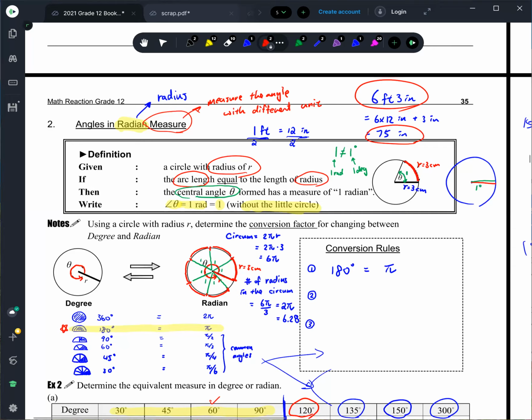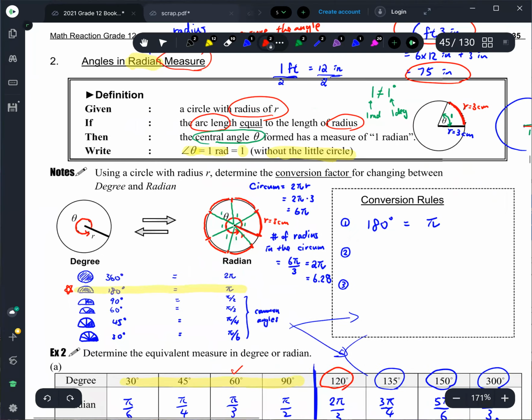About 6 point something, right? But we have an exact value for it, right? 360 degrees is the same as how many radian exactly? It's on the screen. 2 what? Pi. Yes, okay.